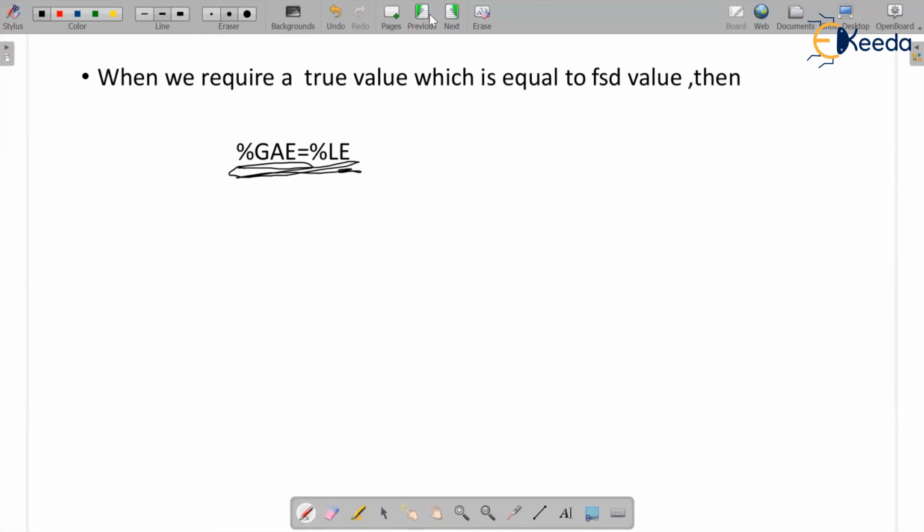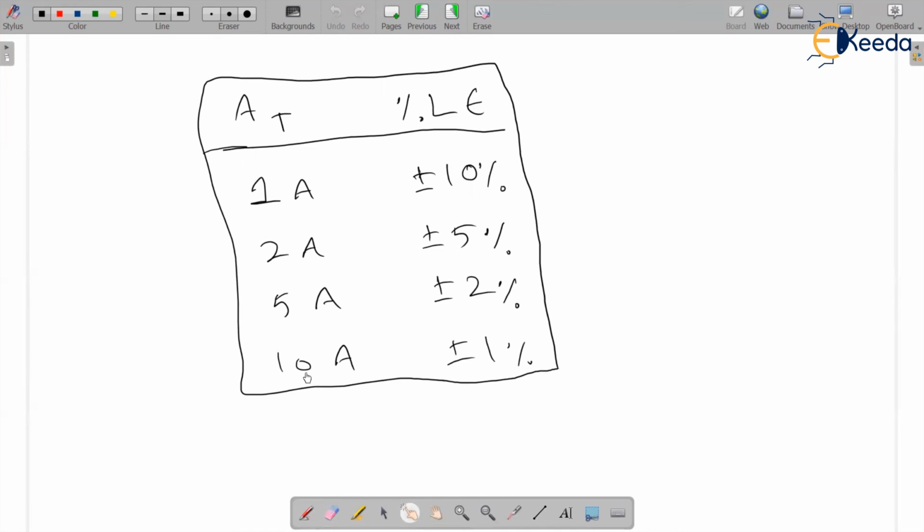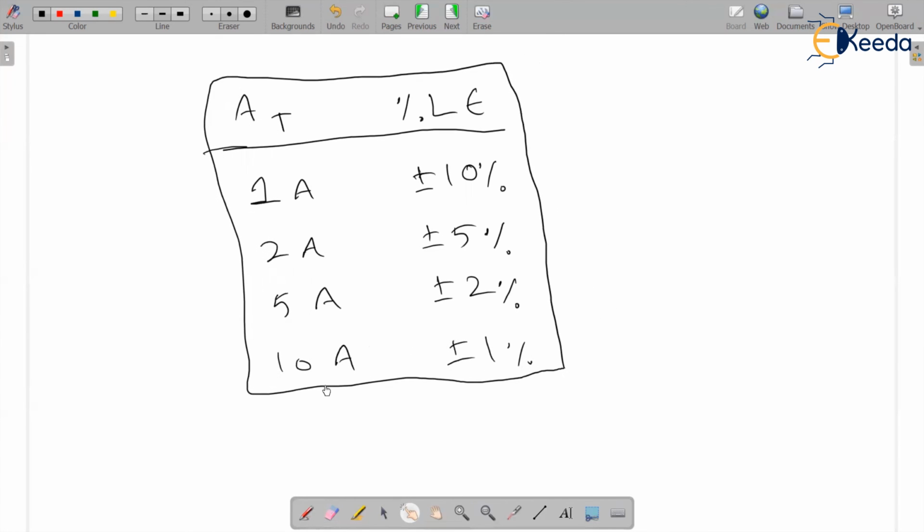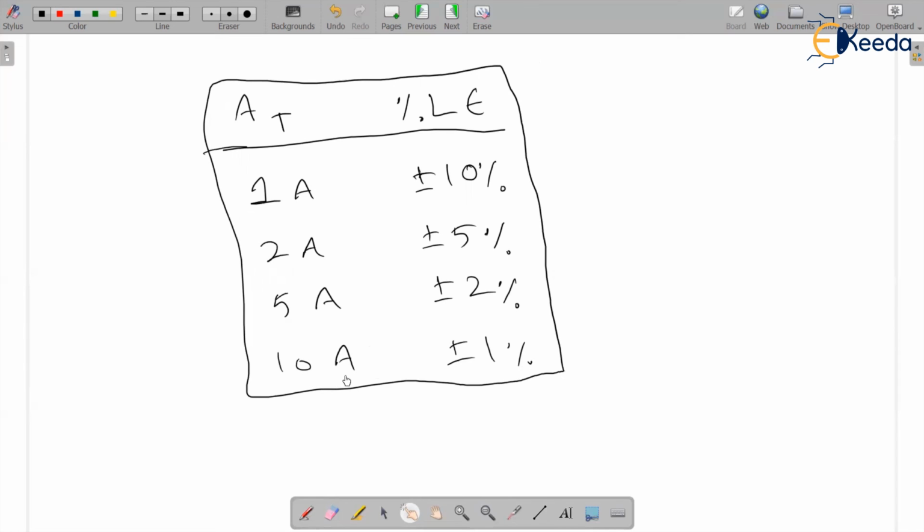Try to understand the same thing I am narrating here. When I'm measuring 10 amperes, I'm getting plus or minus 1%. So I can write here, when I measure a true value of 10 amperes, percentage LE is equal to 1%.